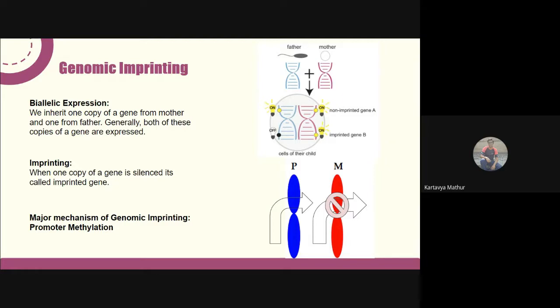While the enhancer helps in regulation of the gene, the promoter defines how the gene will be activated. If your promoter gets silenced or methylated, then the gene won't express itself. And this is what happens during genomic imprinting: the promoter gets silenced, and therefore there is no gene activity.